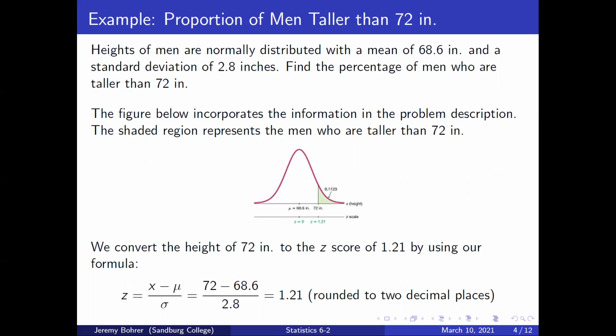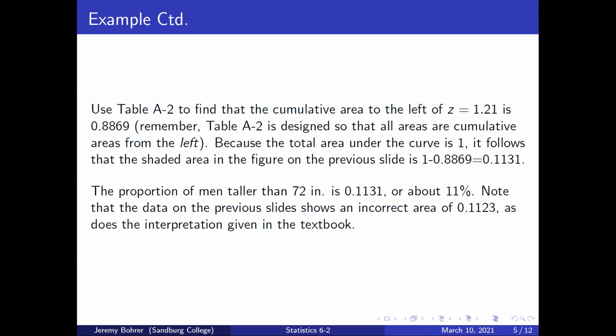Use table A2 to find that the cumulative area to the left of z equals 1.21 is 0.8869. Remember, table A2 is designed so that all areas are cumulative areas from the left. Because the total area under the curve is 1, it follows that the shaded area in the figure on the previous slide is 1 minus 0.8869 equals 0.1131.